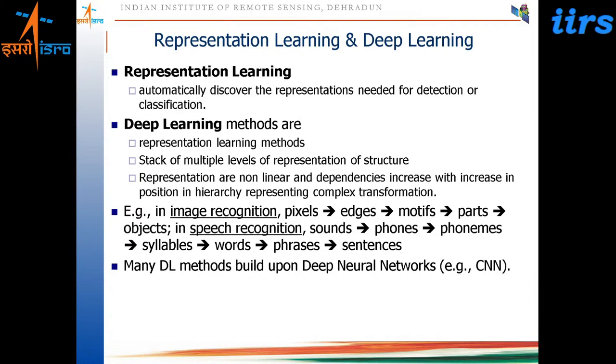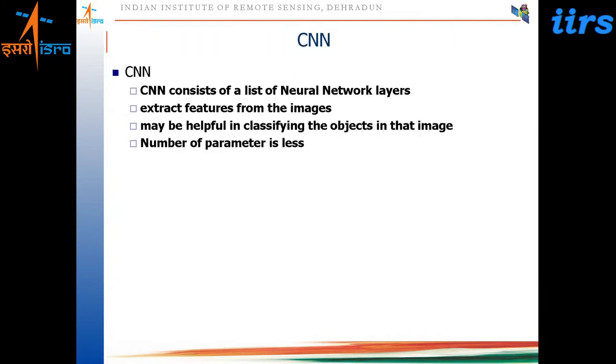Out of those deep learning networks, there is an extension called a CNN. CNN is a subset of DNN or DL computing architectures, in which CNN is one of them.